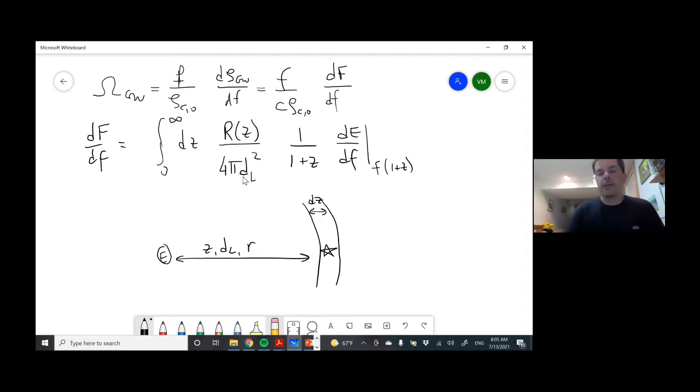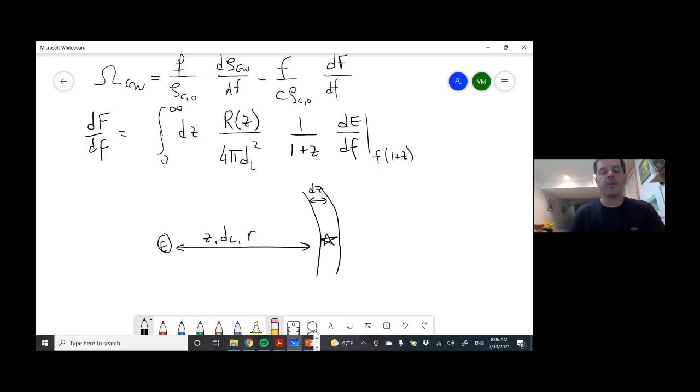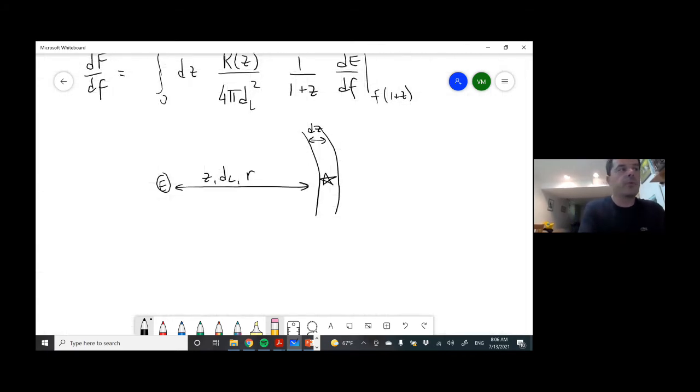Now, it turns out, just to make this a little bit more tractable, we can manipulate this rate a little bit more. So the R of z in here is basically the rate of sources measured in our local time at the Earth. And it turns out to be convenient to express this in terms of the rate per comoving volume. So in other words, we will write something like this.